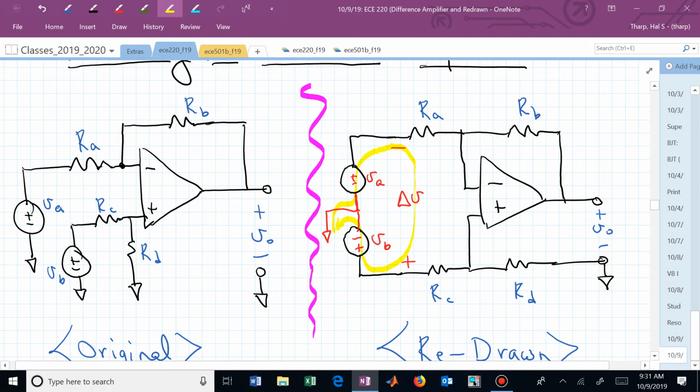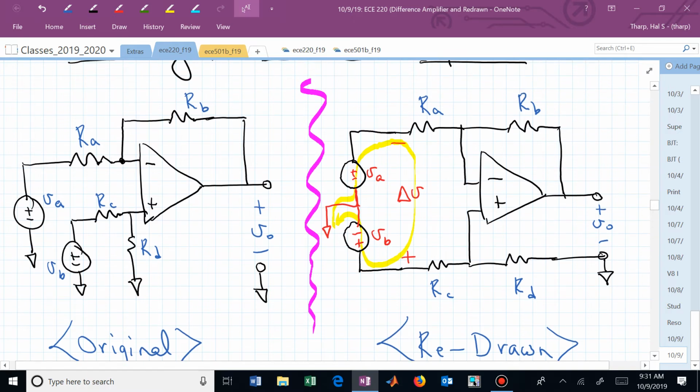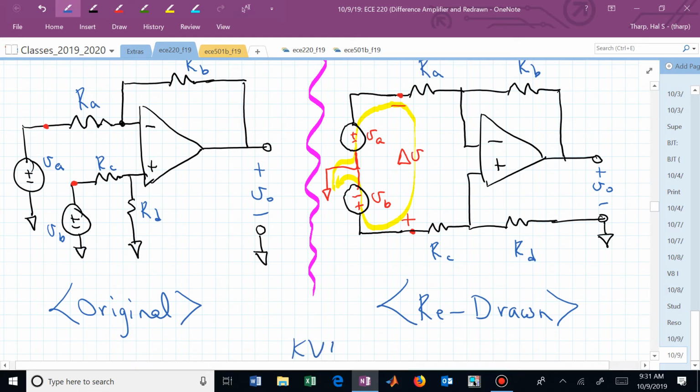What kind of a relationship do I see happening between this point here and that point there, with the bottom node labeled as the positive polarity on delta V? This is what I'm saying with the yellow highlight: what's KVL around the yellow highlight?